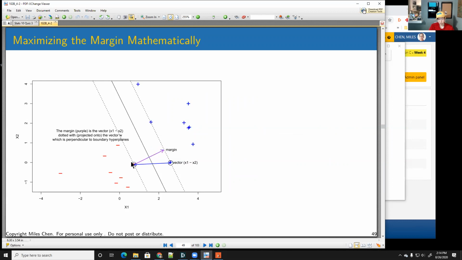The vector that's perpendicular to the boundary is in this direction, and if we dot this distance vector, x1 minus x2, onto that direction, we're going to get the margin. Is that okay? Are we still following here?